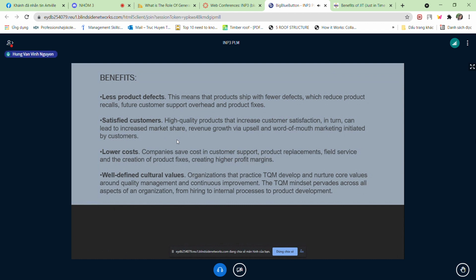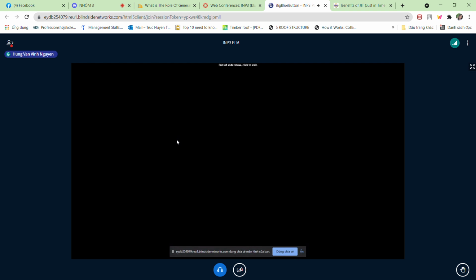Organizations that practice TQM develop and nurture values around quality management and continuous improvement. The TQM mindset prevails across all aspects of an organization, from hiring to internal processes to product development. And that is the end of our presentation.